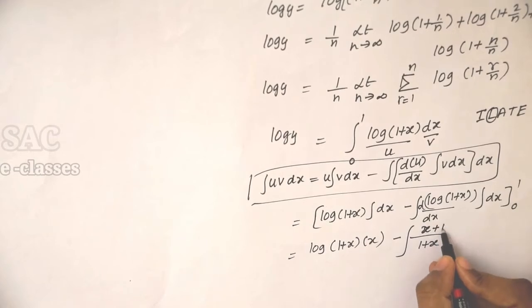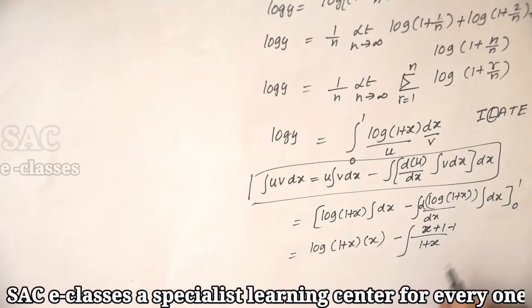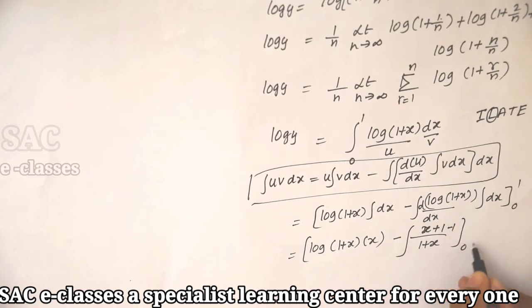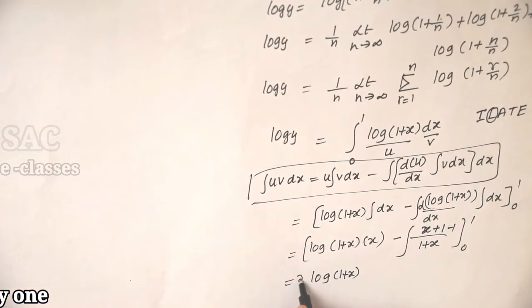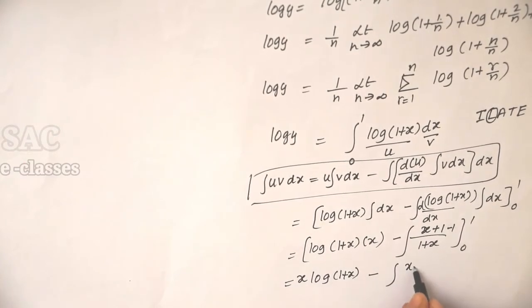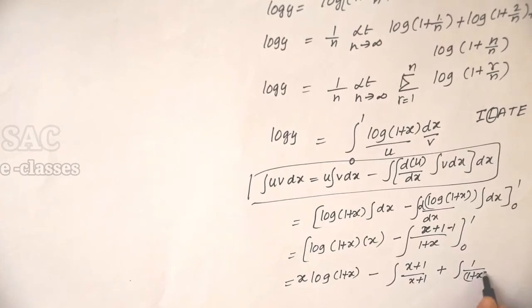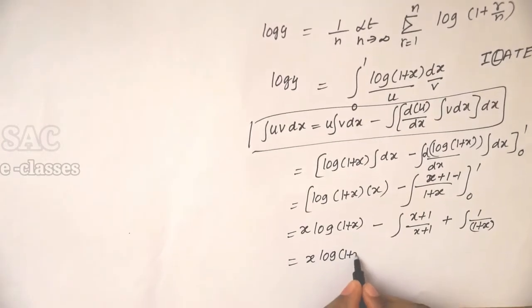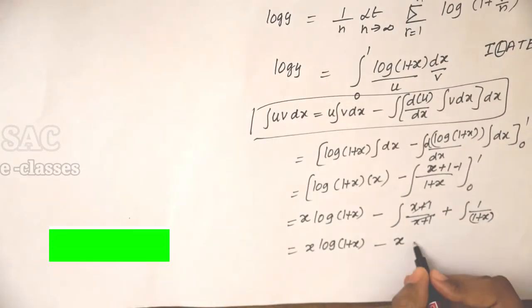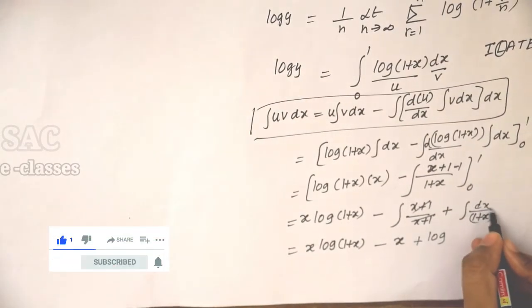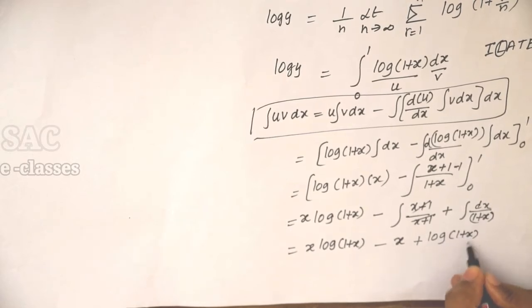For the integration, add 1 and subtract 1 here. Then log of 1 plus x into x minus x plus 1 by x plus 1 minus into minus plus 1 by 1 plus x.